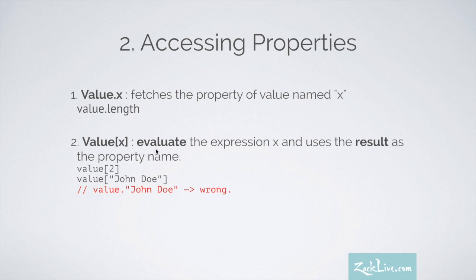The difference between these two is that with the square brackets, the expression inside will be evaluated, processed, and then the result is used as the property name. We will talk about that in detail later. But you can see in the second example here, value["John Doe"], it's a string as a property name.